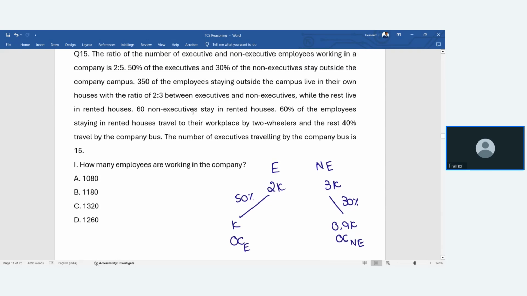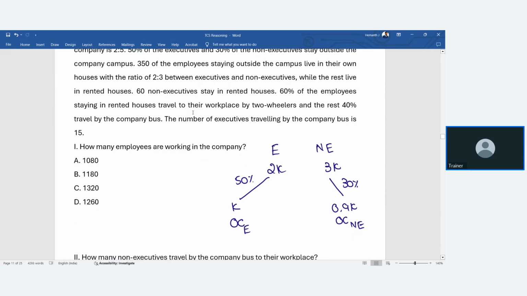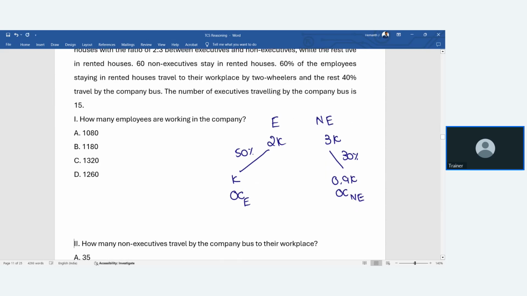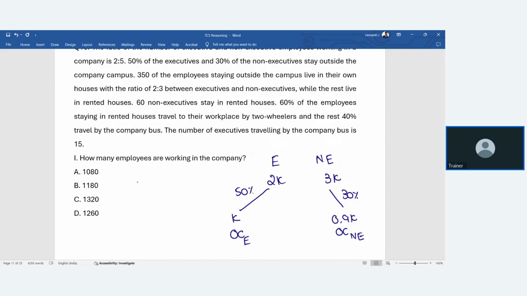350 of the employees staying outside the company campus live in their own houses. So how many are staying outside? Among them, 350 people are in their own houses, and among 350, the distribution is 2:3. 2 plus 3 is 5. To get 350, we should multiply by 70.